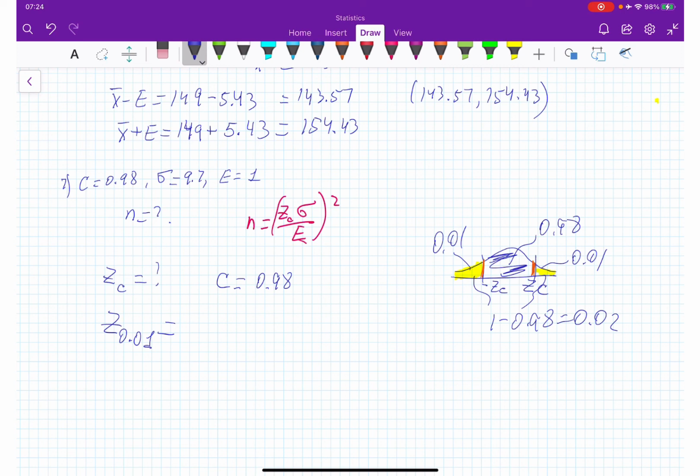The closest one I found is 0.0099. Where is it? Okay, right here is 0.0099.